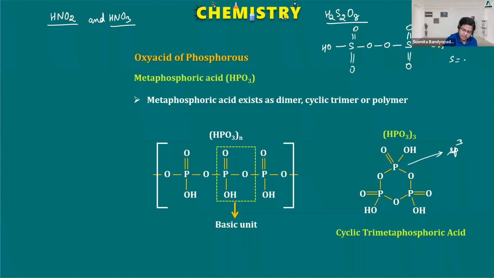Yes, sulfur in the +6 state. And its hybridization? Just count the sigma bonds around it. You will realize that it is sp3. Very good. The next task is to draw HNO2 and HNO3. Let's draw it.